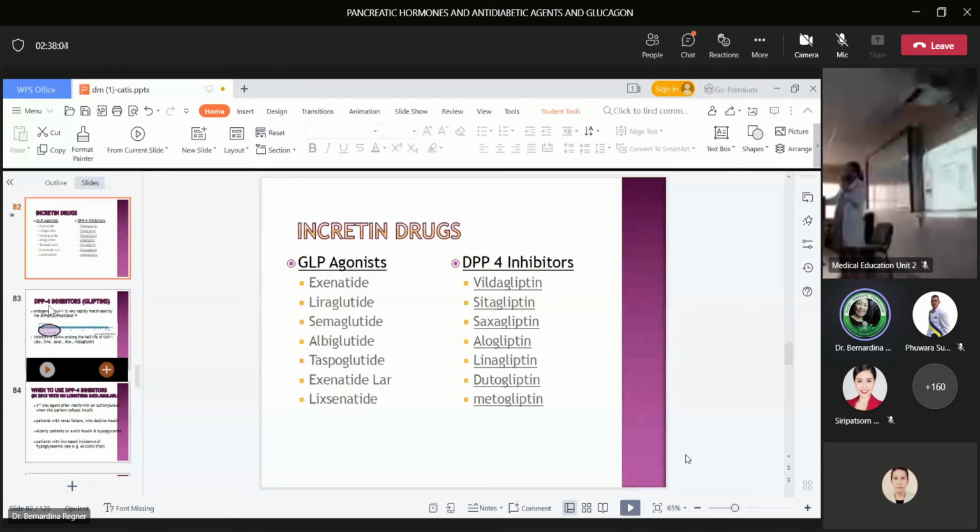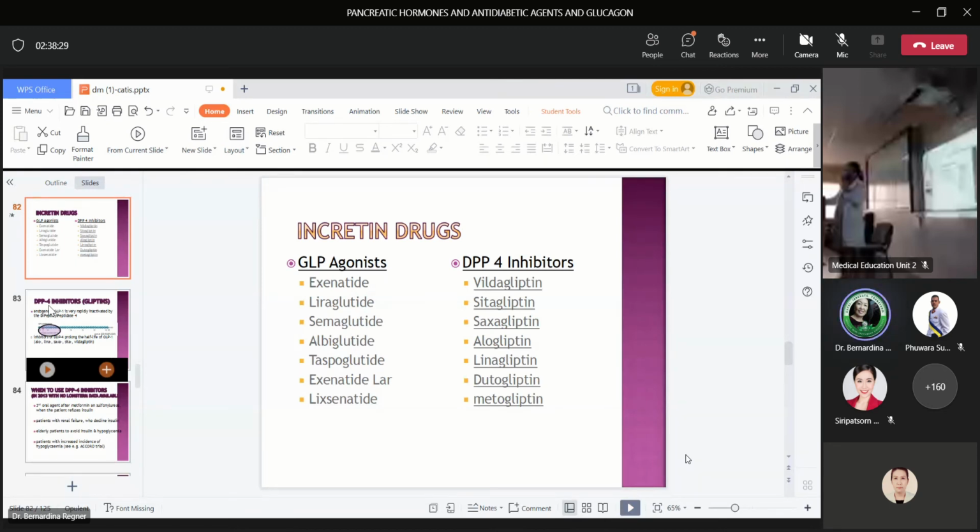Okay, so let's go to your incretin drugs. In the first column, you have GLP agonists, exemplified by exenatide, liraglutide, semaglutide, albiglutide, taspoglutide, and lixisenatide.